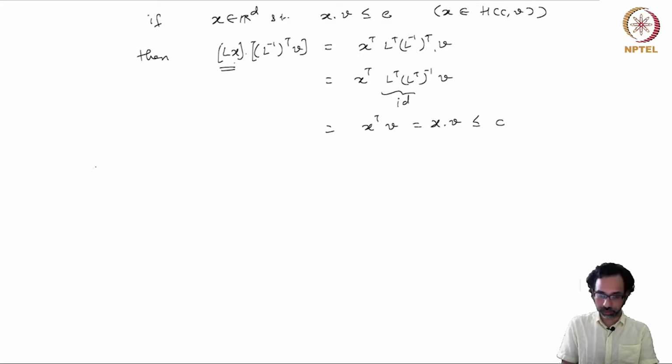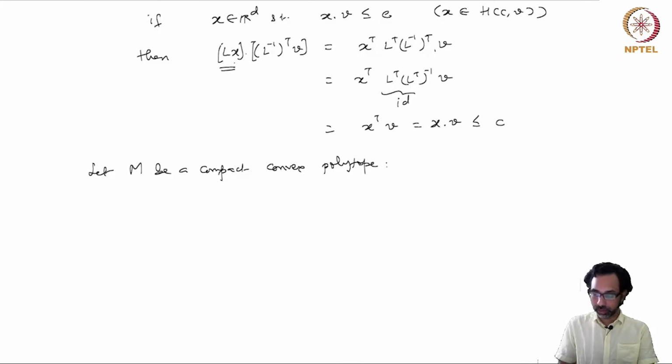Now, let M be a compact convex polytope. Then M can be written as the intersection of finitely many half spaces H_{C_i,V_i}, i equal to 1 to n.